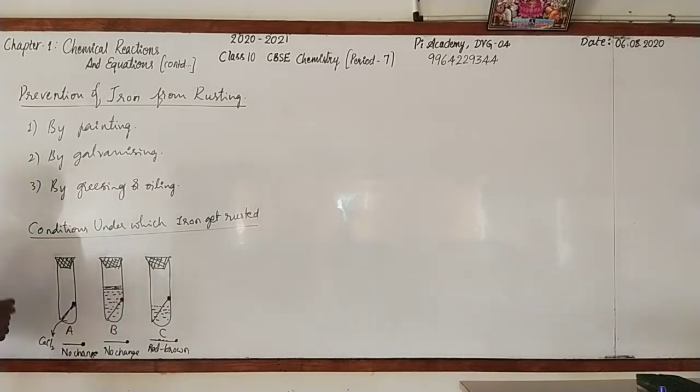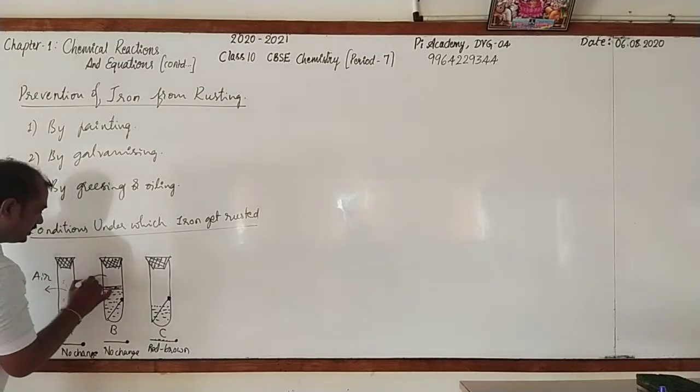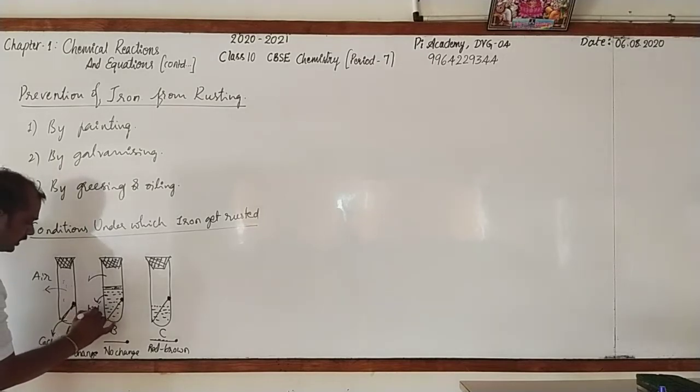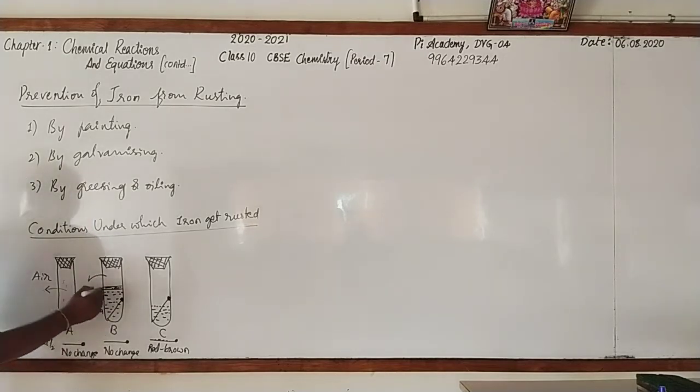Then how do you come to know the conditions under which iron gets rusted? Very simple. Look here. In the first case, the iron nail is kept in test tube A. So what is present inside the test tube? You may be thinking, why are we using the calcium carbonate crystal? It absorbs the water vapors present in A. Clear? Whereas in the second one, it is immersed in water and we have put some drops of oil.